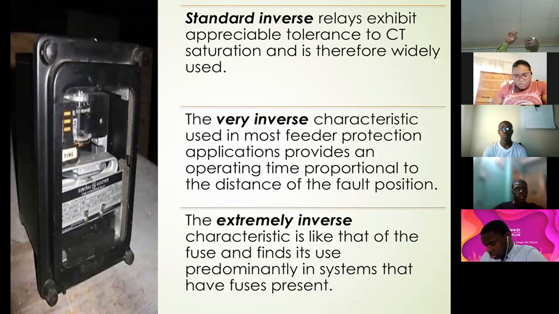Now, we have made two attempts so far to show you up close what your overcurrent relay looks like. And quite frankly, the picture I'm about to show really just highlights the fact that it is an electromechanical relay. We will try our best to show that it's really an overcurrent, but anyway.